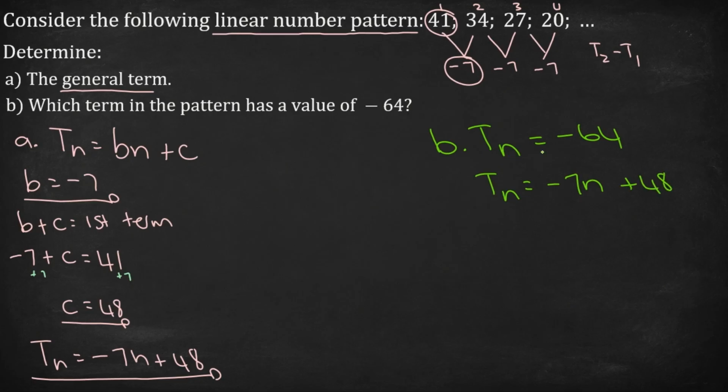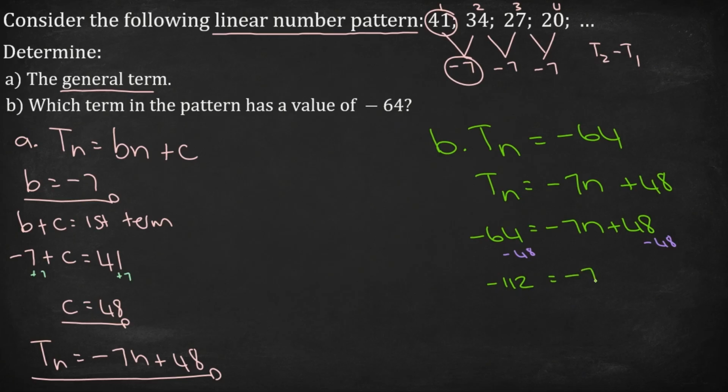I know that Tn is already equal to -64, so I'm going to substitute this Tn with -64 equals -7n plus 48. So what do we do now? We need to get n on its own on the one side of this equation. What we need to do is to subtract 48 from both sides of this equation. So we will end up with -112 on the left-hand side, because -64 minus 48 is -112.